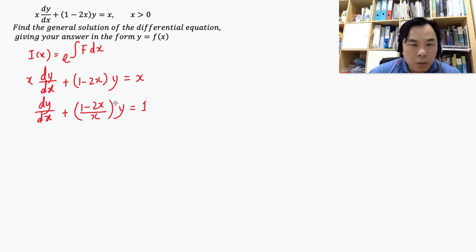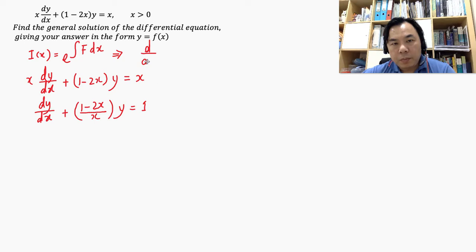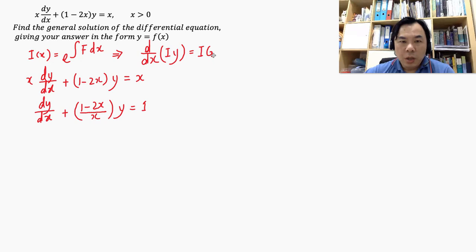Okay, now once you're ready with this, since the integrating factor is given by this, your final form of solving is always given by d/dx of I y equal to I g, where the g actually refers to this section.